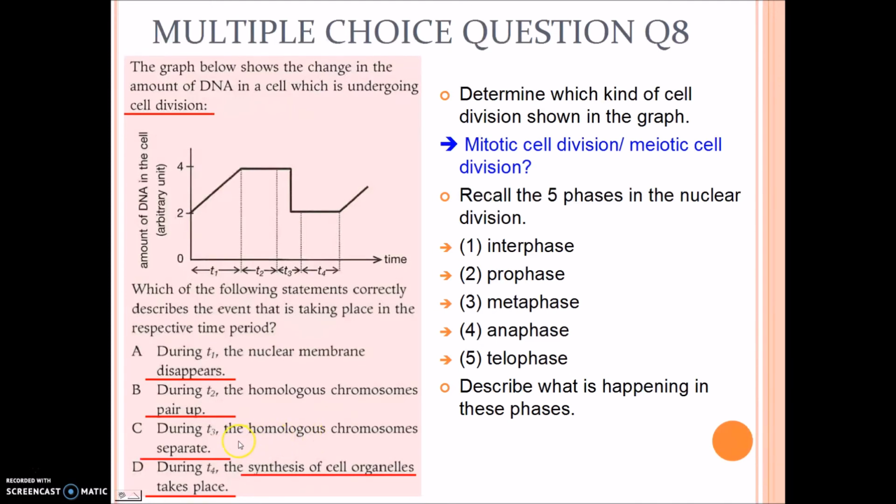So that's a very important hint for you. I also suggest you check the diagrams in the textbook or in the previous slide. And then for D, T4, the cell is synthesizing the cell organelles for the next cell cycle. So that's question 8.